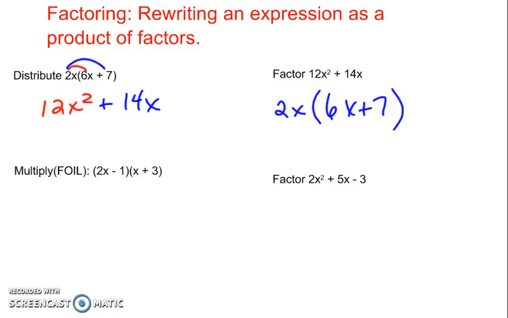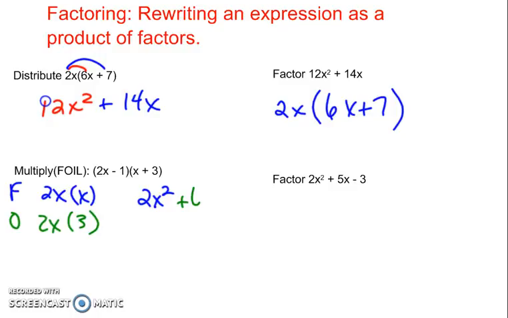So if we're going to FOIL in this case, remember first, that's going to be 2x times x. That will give us 2x squared. Outer, that's going to give us 2x times 3, so plus 6x.